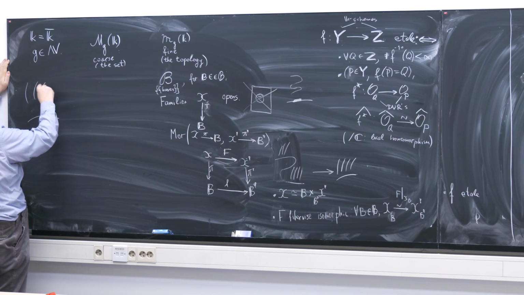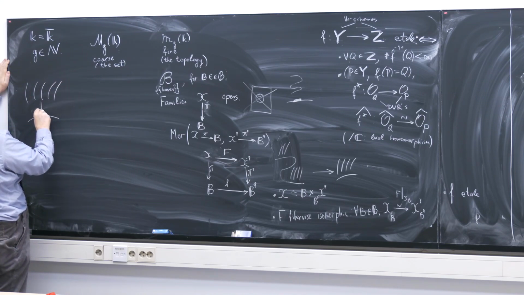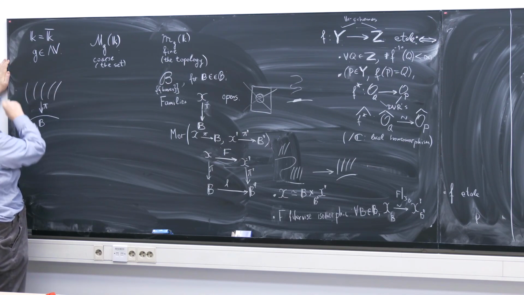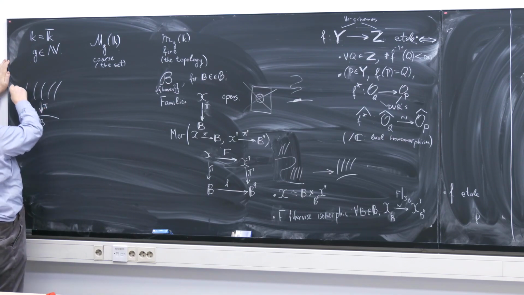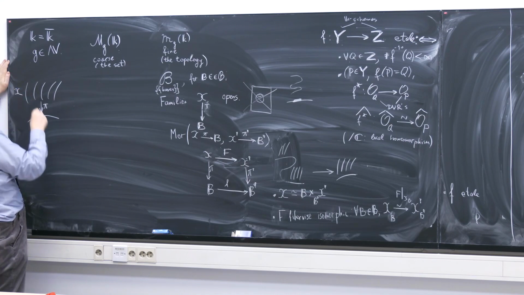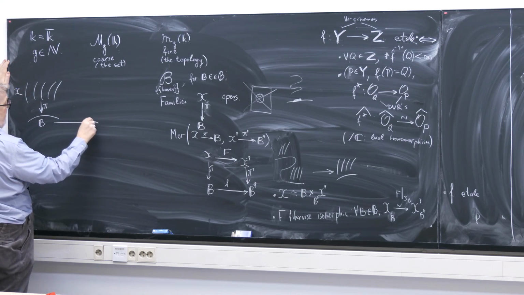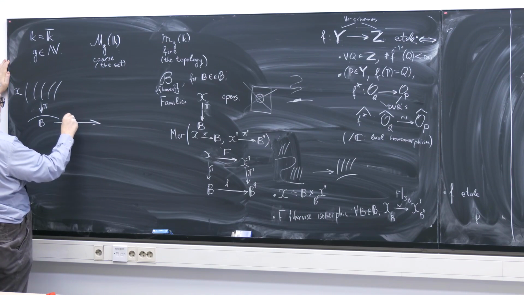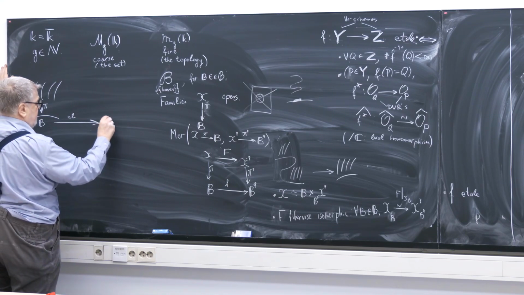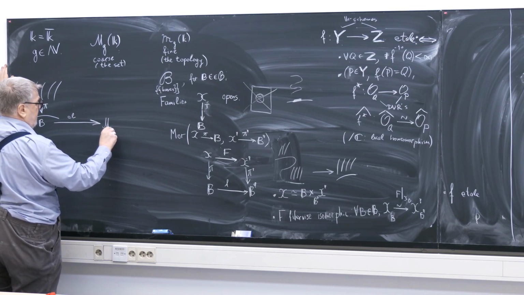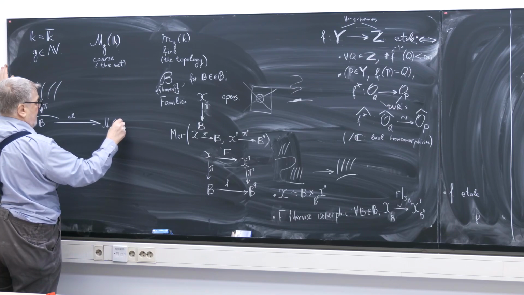Whenever we have a family of curves, where do I write it usually? Drawing I didn't do yet, so to the left, say. So there is a mapping. Here we work clearly in the category of sets.